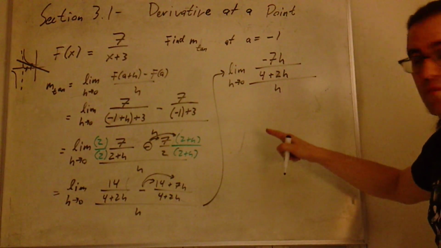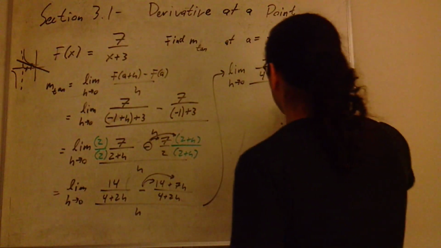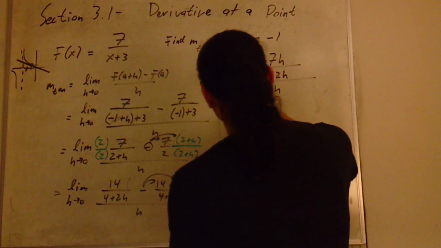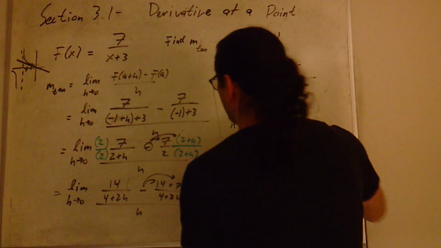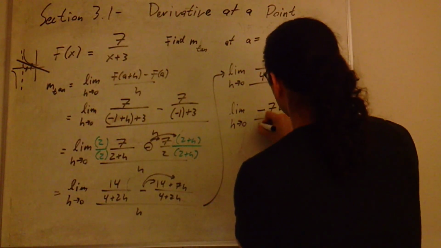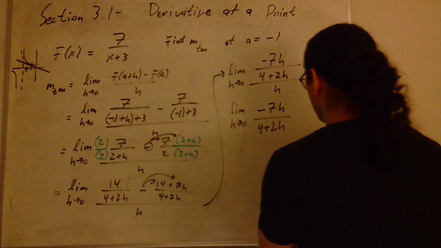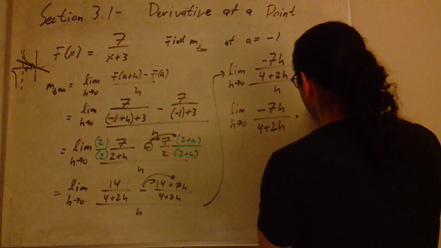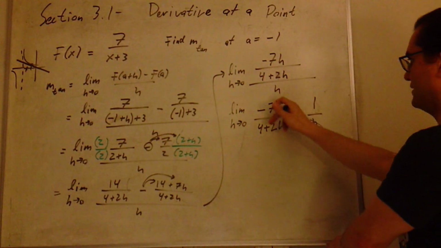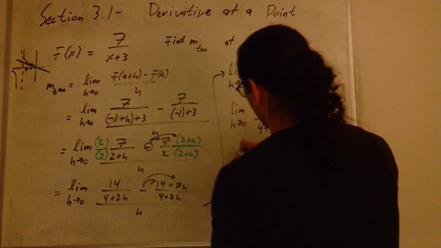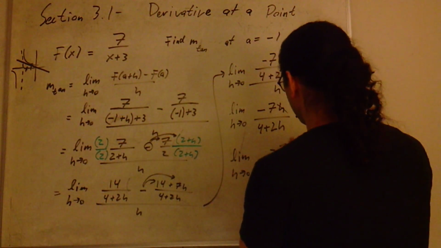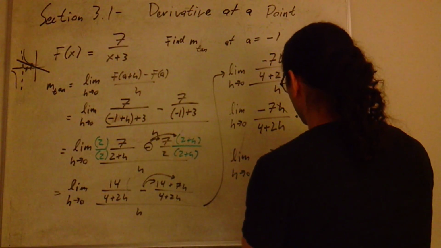I still have a compound fraction, so I'm going to resolve that by multiplying by the reciprocal. So I have the limit as h goes to 0 of negative 7h on top, 4 plus 2h on bottom. Instead of dividing all of that by h, I'm going to multiply by 1 over h, which should just cancel here and here. So I have the limit as h goes to 0 of negative 7 over 4 plus 2h.